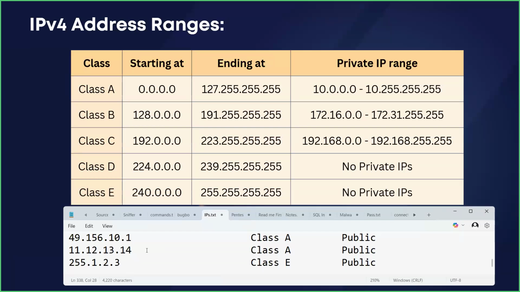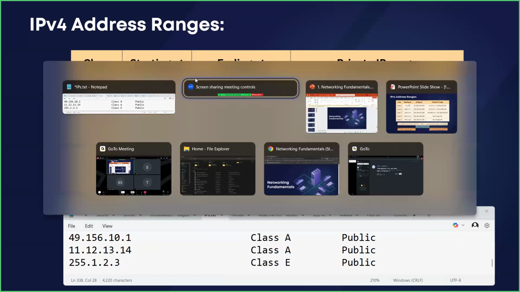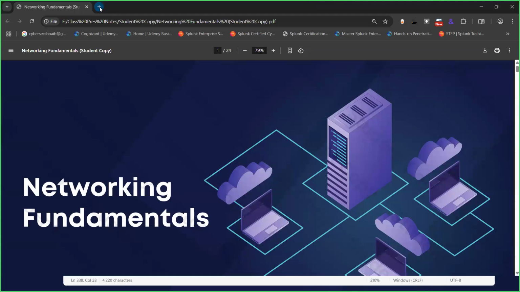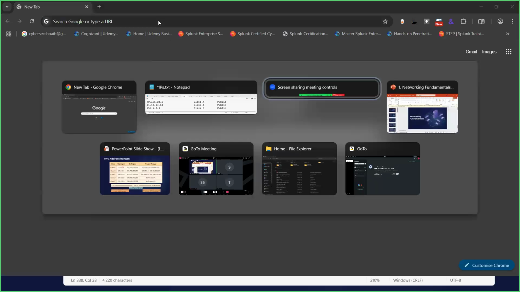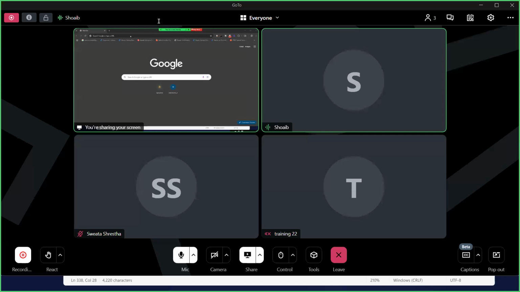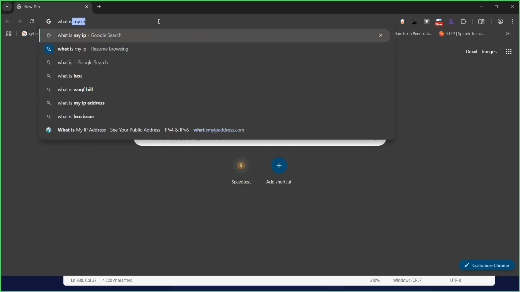Now, in the last class, I've shown you how to check your public and private IPs. I hope you can recall. So if I had to check my public IP, how do I do that, guys? We have to browse for what is my IP. Exactly. So if I search for what is my IP, I get my public IP.